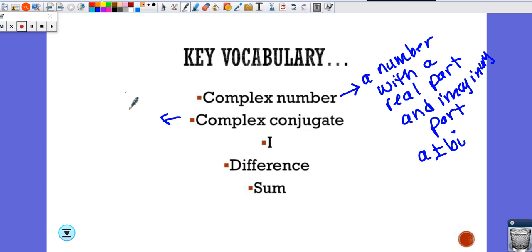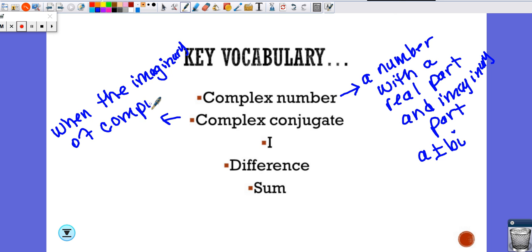All right, the next one is the complex conjugate. The complex conjugate is when the imaginary part of the complex number is changed to its opposite sign. It's changed to its additive inverse.